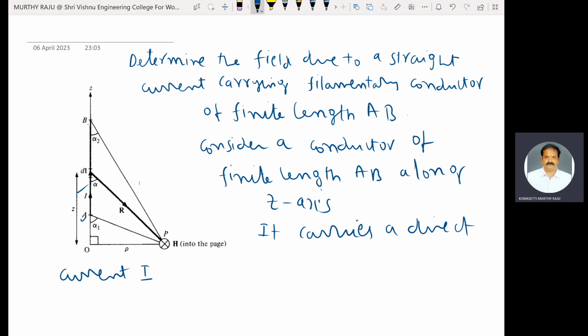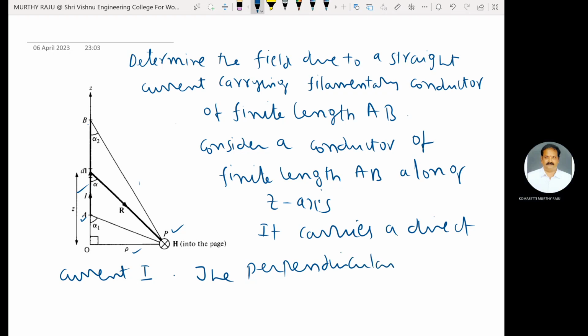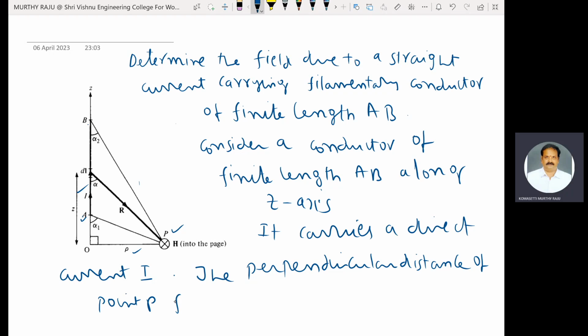The perpendicular distance of point P, this is the point P, from the z-axis is rho.